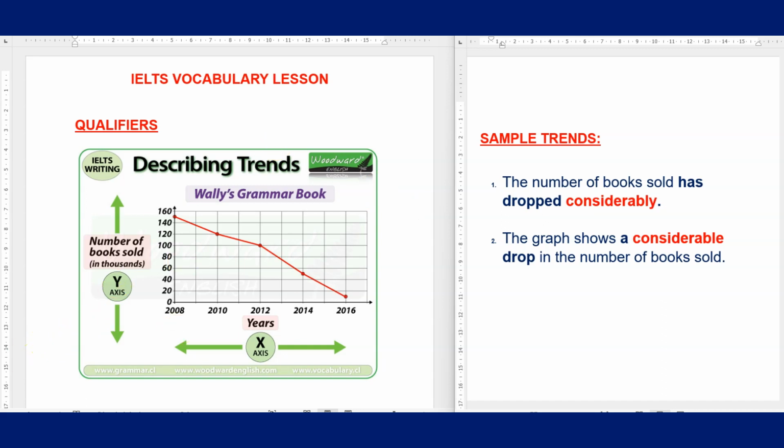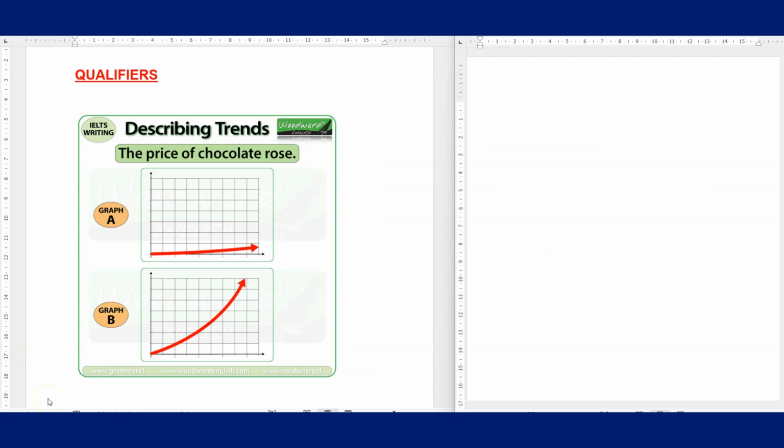Let's look at an example. If you look at this particular graph, this is about the price of chocolate. You can see that there was a rise in the price of chocolate here, and also here there was a rise as well.